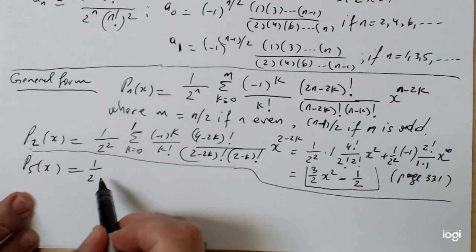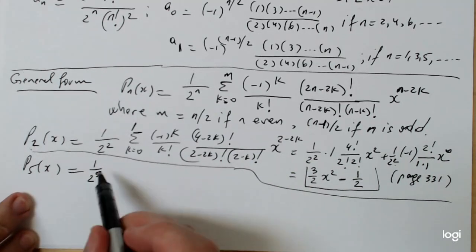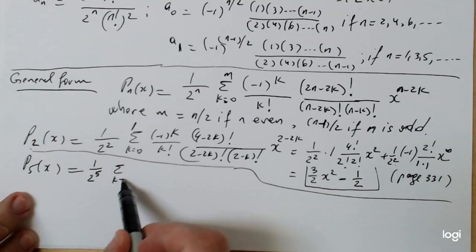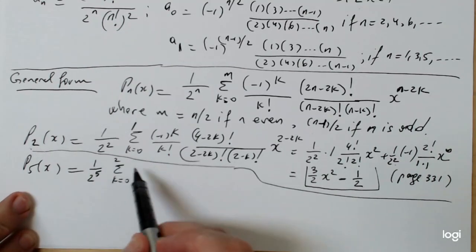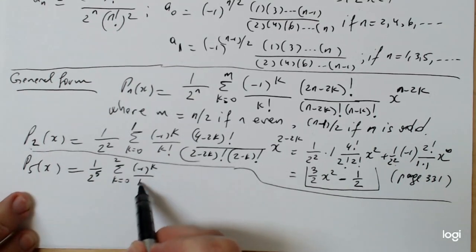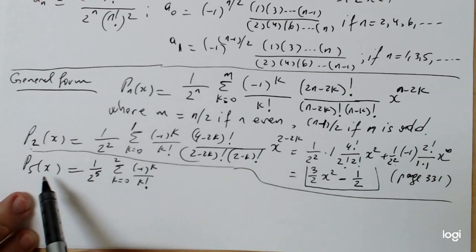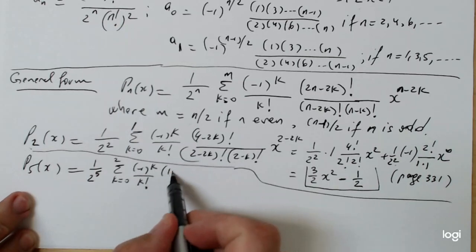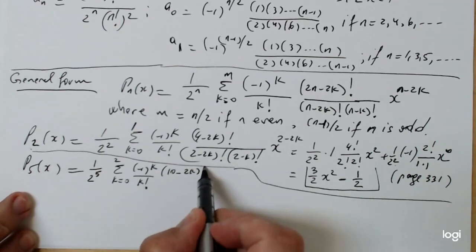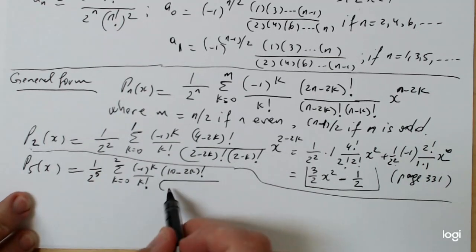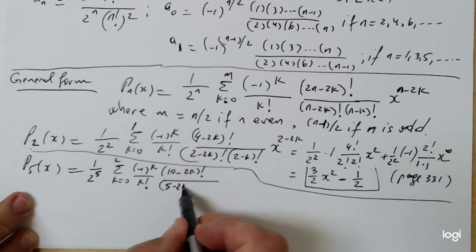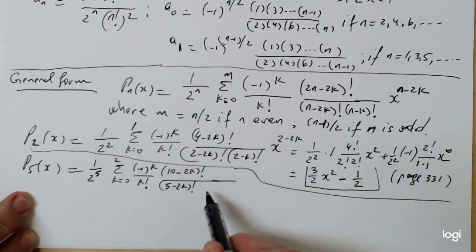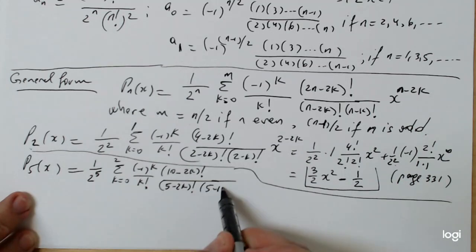So 1 over 2 to the power 5, summation from 0 to 2, minus 1 to the k over k factorial. And now n is 5, so it's going to be 10 minus 2k factorial over 5 minus 2k factorial and 5 minus k factorial.